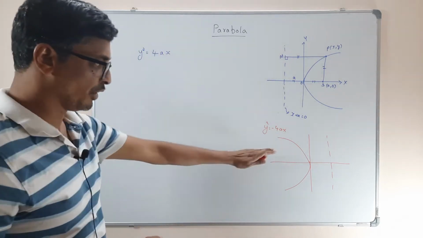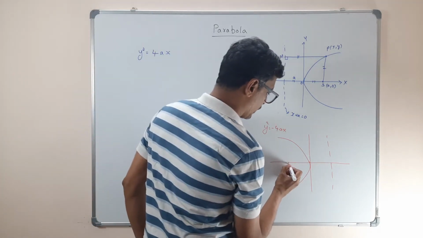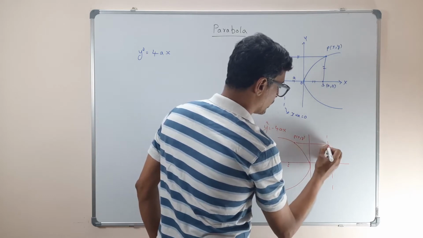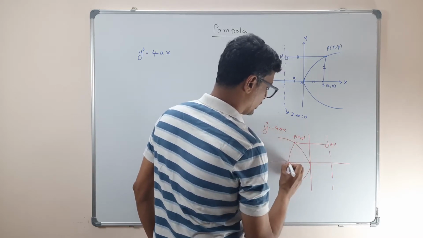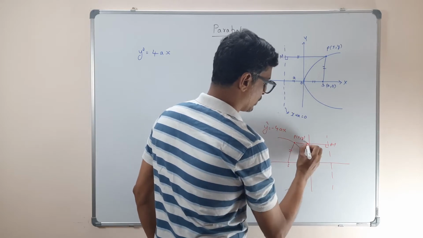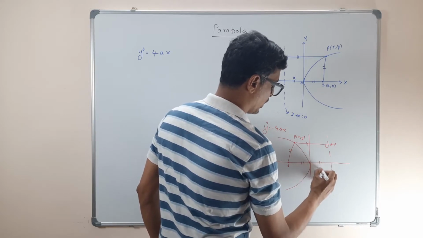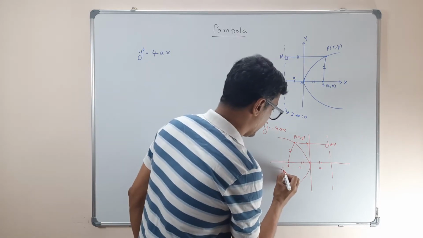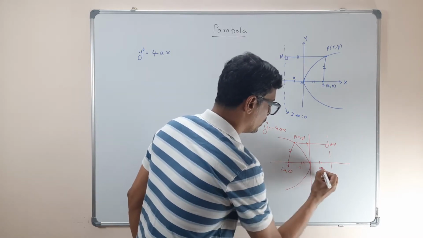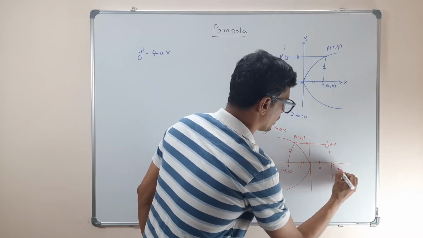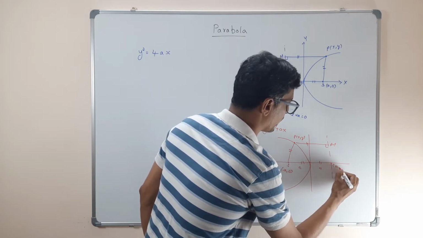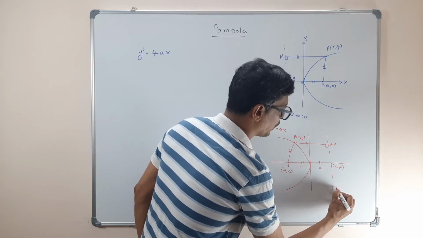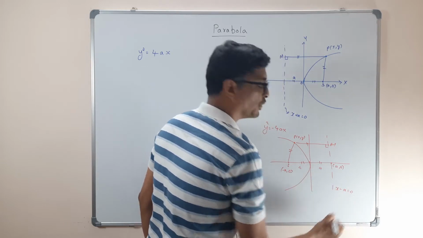We took the focus S and the point P, x comma y, and this is M. These two are equal. So S will become minus a comma 0, this point is a comma 0, and the directrix will be x equal to a, so x minus a equal to 0.